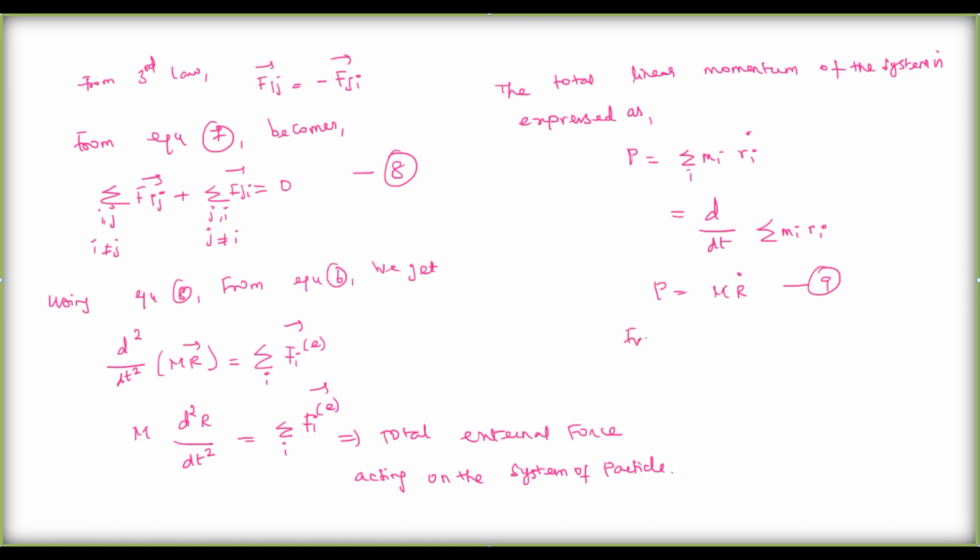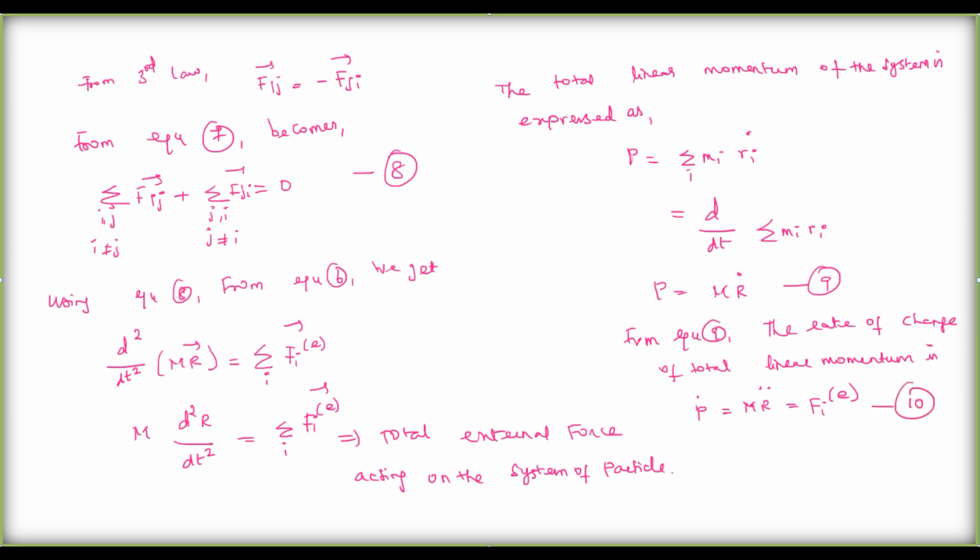So from equation 9, the rate of change of total linear momentum is, by differentiating, P dot is equal to m r double dot, which is equal to F, the total external force.